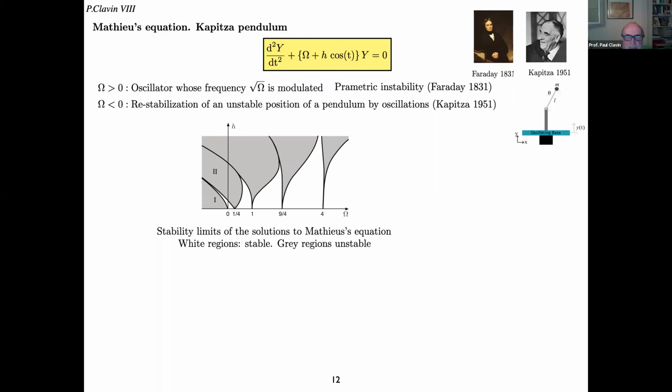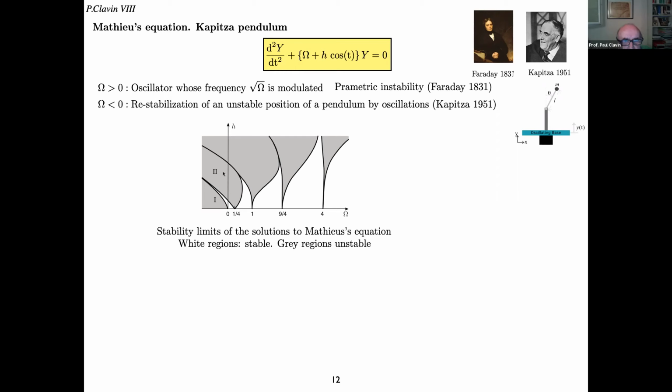And you see, frequency is on the horizontal axis, and amplitude is on the vertical axis. This is the amplitude of the oscillation, and omega is a basic frequency. It turns out that you have tongues of instability here.